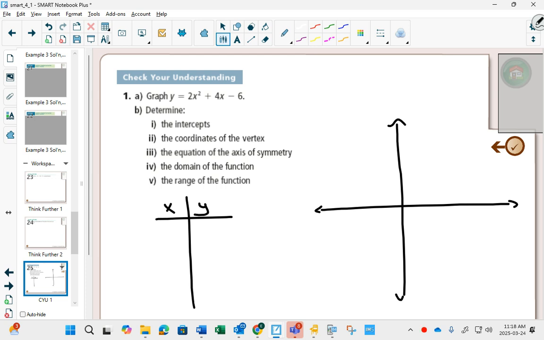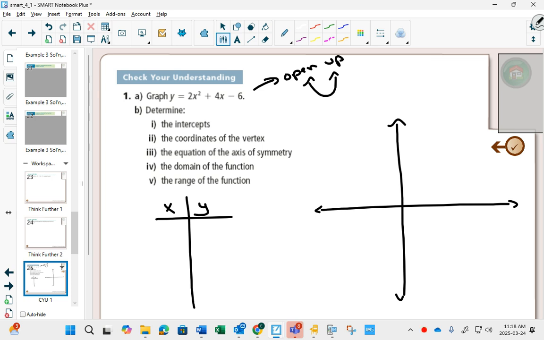We can also, based on what we discovered already, can you tell that this one is going to open up? It's going to look like this, because the leading coefficient in front of the x squared is a positive 2. So that tells us at least that. We're going to want to try to find the axis of symmetry and the vertex. And all we've got right now is a table of values.